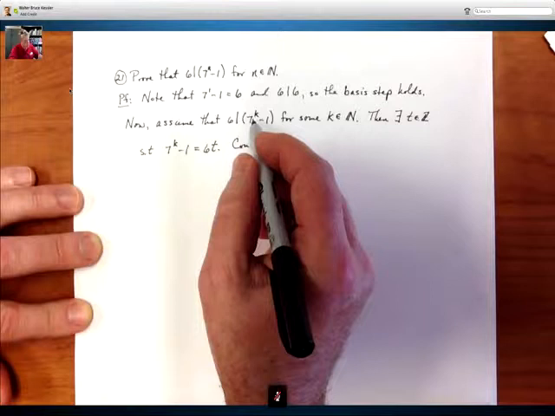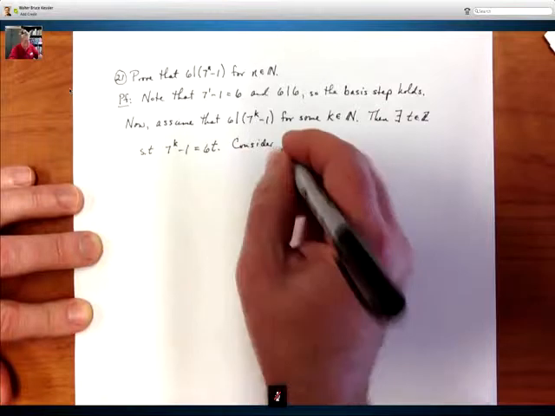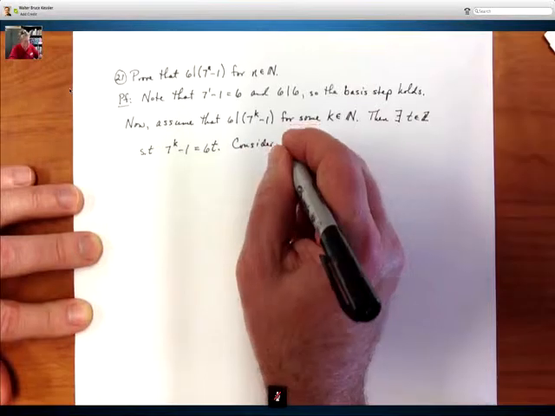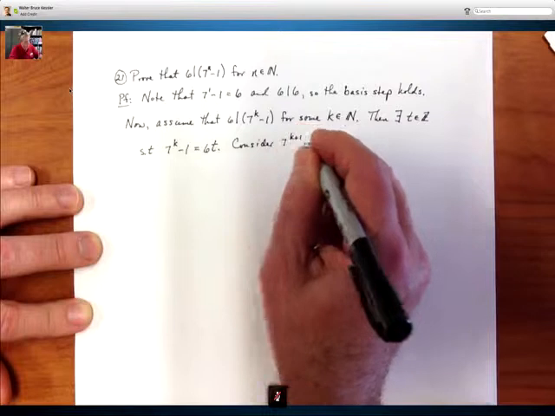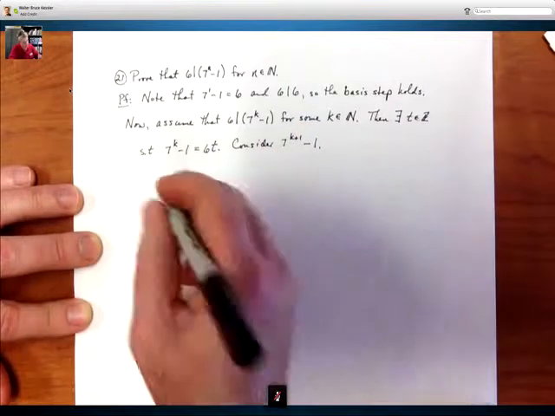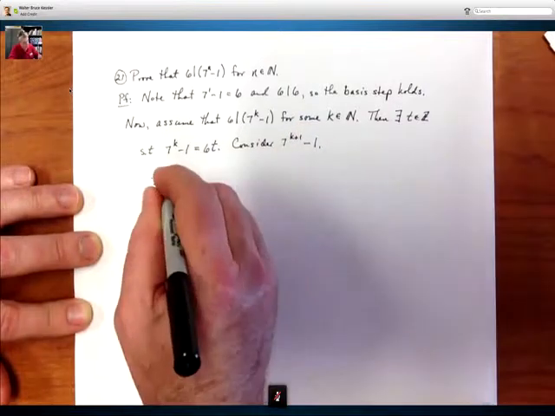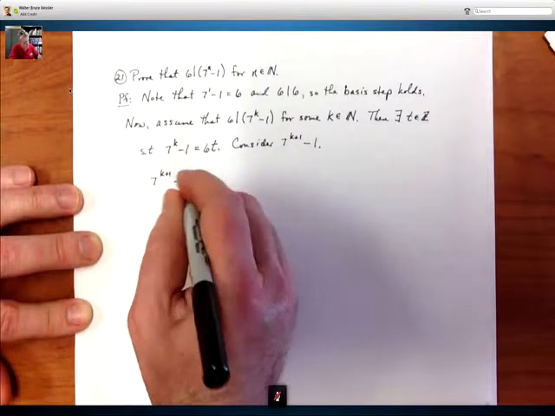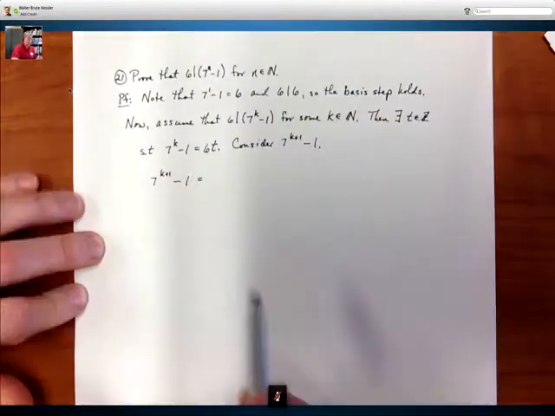Now what we want to look at is 7 to the k plus 1 minus 1. So let me put that over here: 7 to the k plus 1 quantity minus 1 equals.